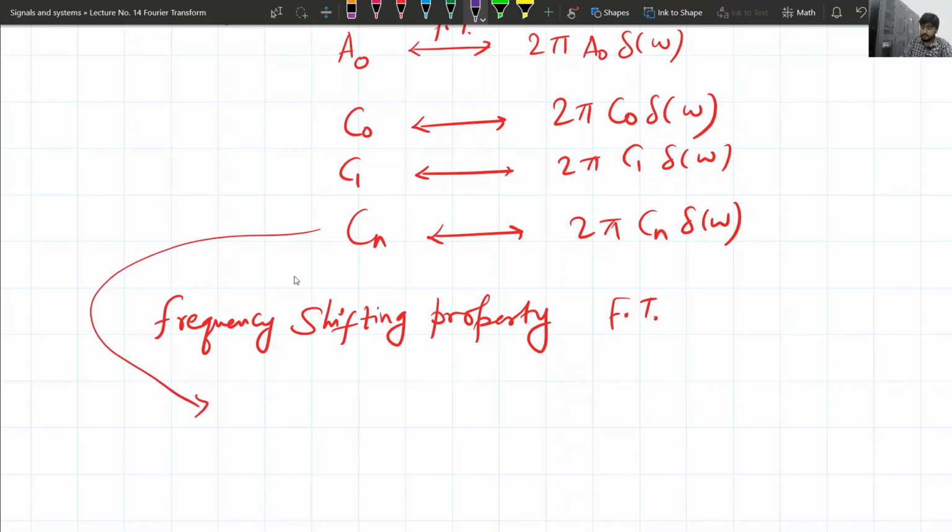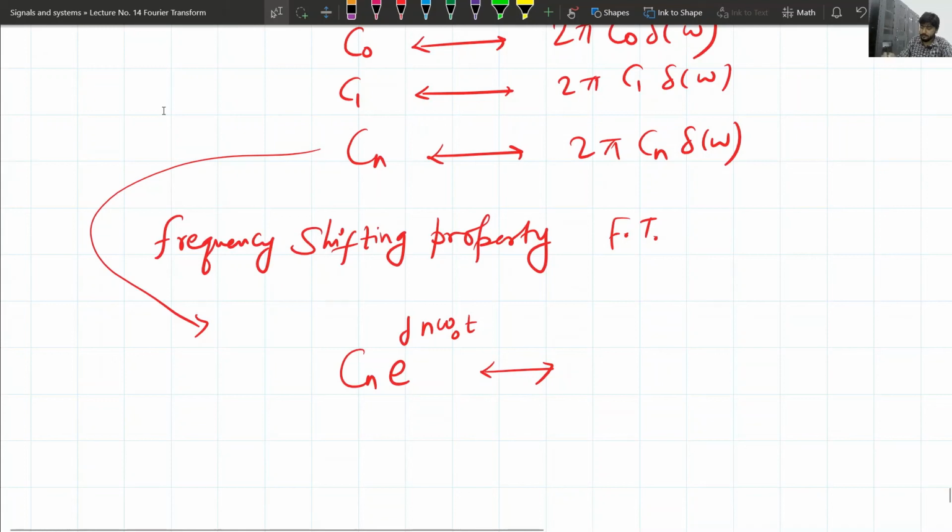let's take a general Fourier series coefficient Cn, if it is multiplied by an exponential j n omega naught t, then before that, let's see the general formula.